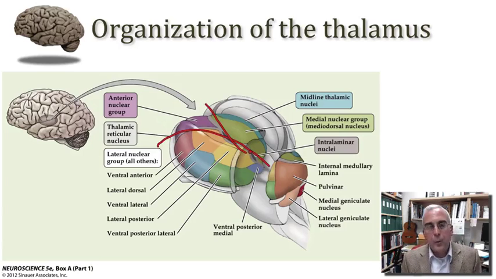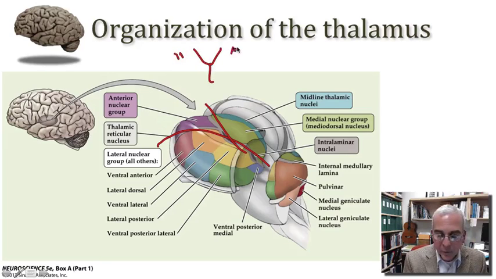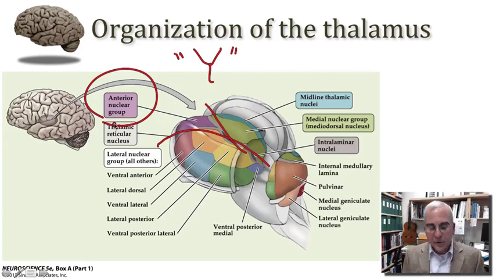It sort of has a Y shape, if you can appreciate this as a shape resembling the letter Y. There's an anterior part of this thalamus in the crook of this Y that contains a group of nuclei that we call the anterior nucleus, or the anterior nuclear group. This part of the thalamus maintains interconnections with the front part of the frontal lobe, a region that we call the prefrontal cortex. Specifically to a component of the prefrontal cortex in the cingulate gyrus.